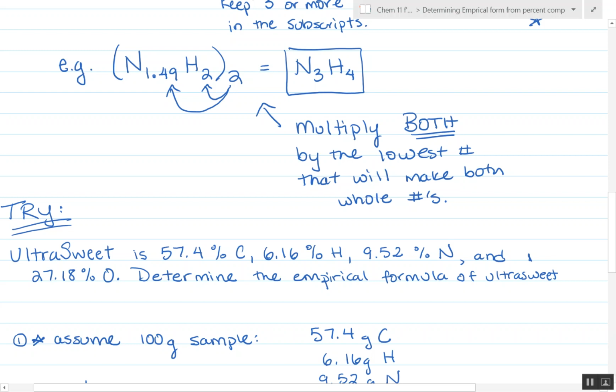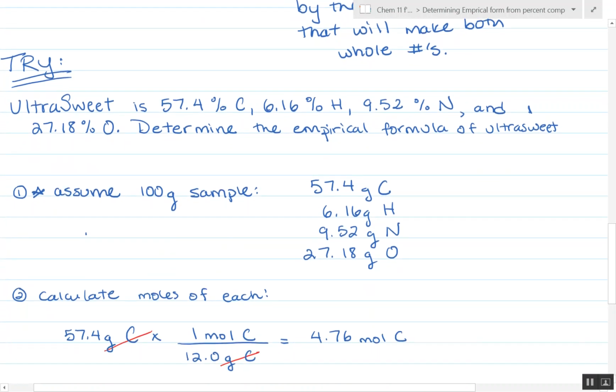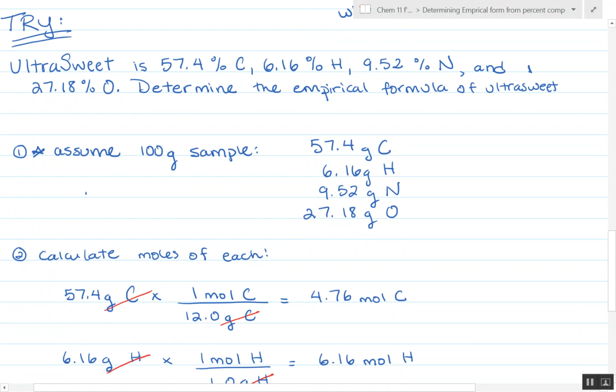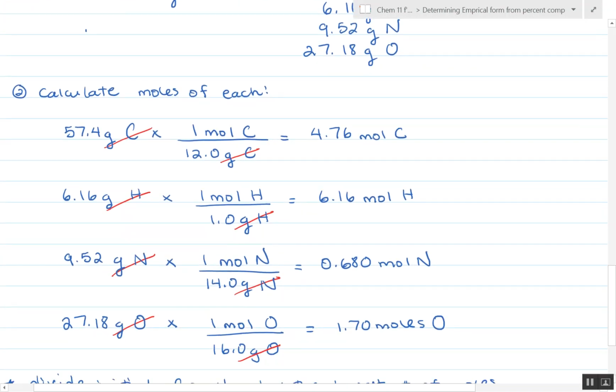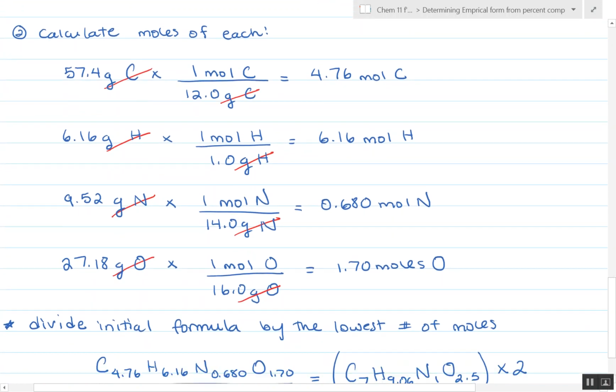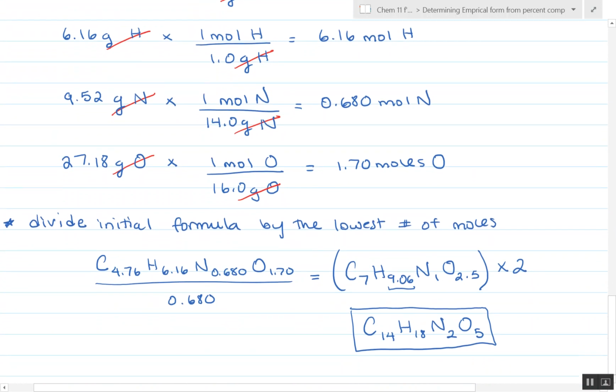Sorry, I thought something got deleted there. Determine the empirical formula. So the first thing you want to do is assume a 100-gram sample to find the masses of each element in the compound. Then you want to calculate the moles of each. And then from there, you want to divide the initial formula by the lowest number of moles.